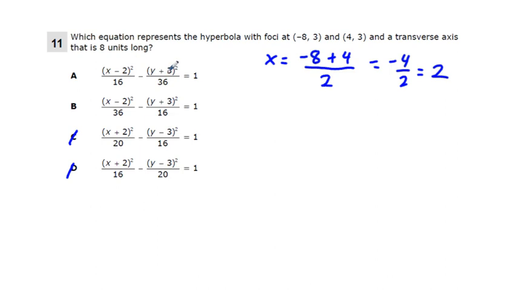It's going to be x minus 2, and 3 would be this.